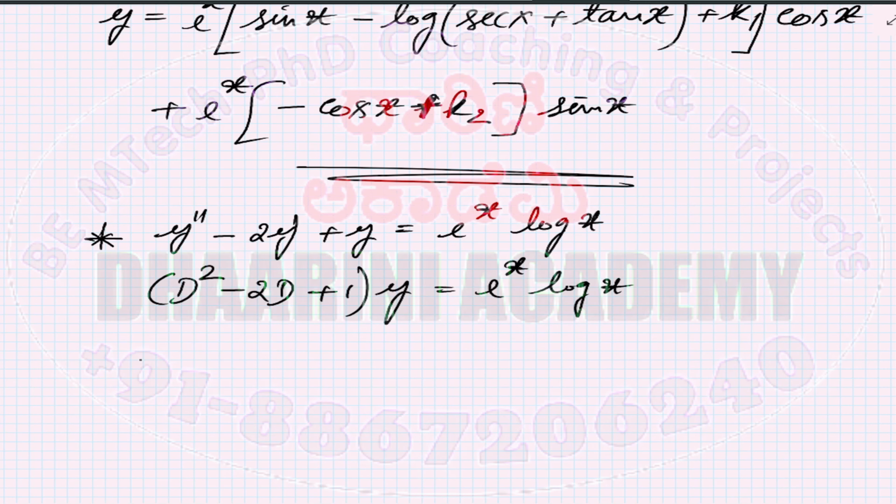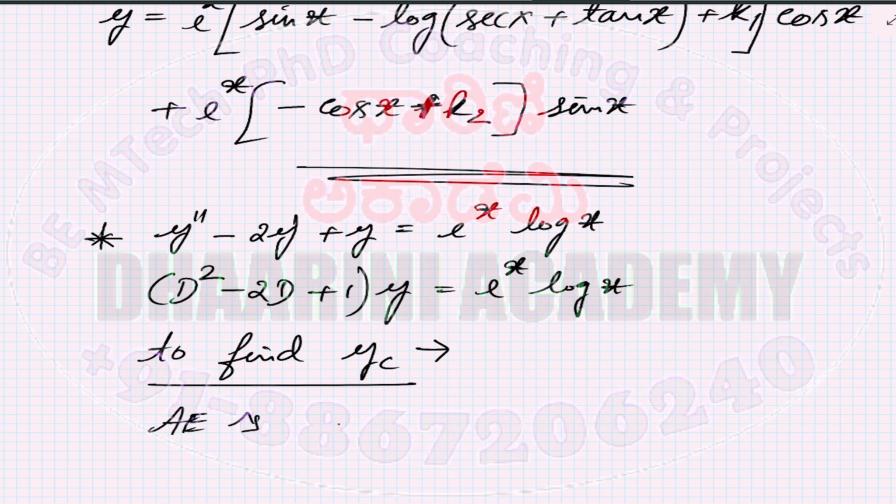Alright, so our first intention is to find the yc. So to find yc, what we'll write? We'll write the auxiliary equation, which is as follows. That is m square minus 2m plus 1 is equal to 0.